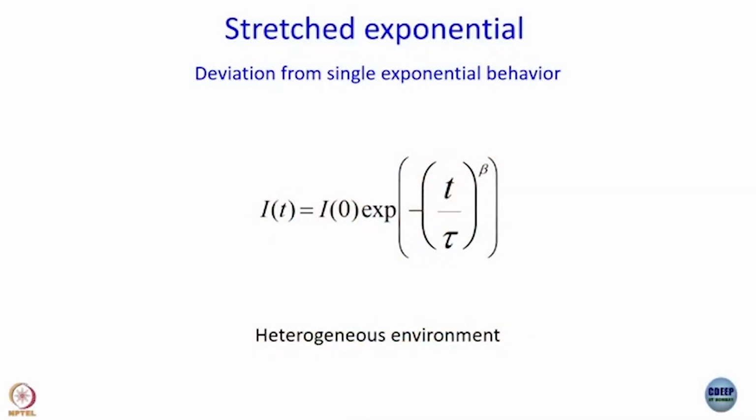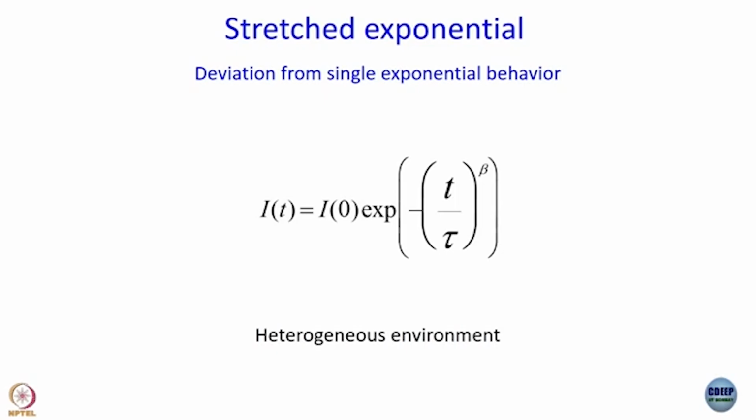So another way, which I think is not as good as what we discussed in the last module, of handling heterogeneous environment is by using a function that is called stretched exponential.